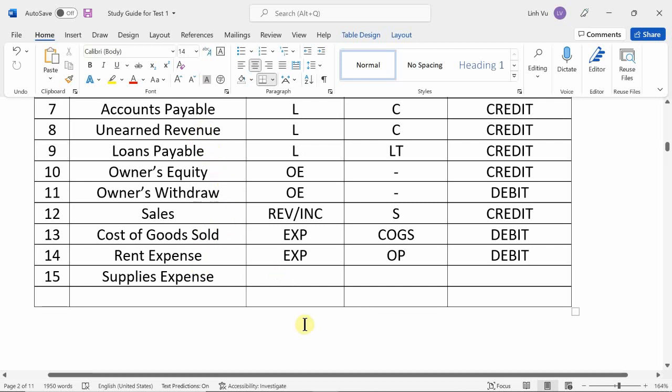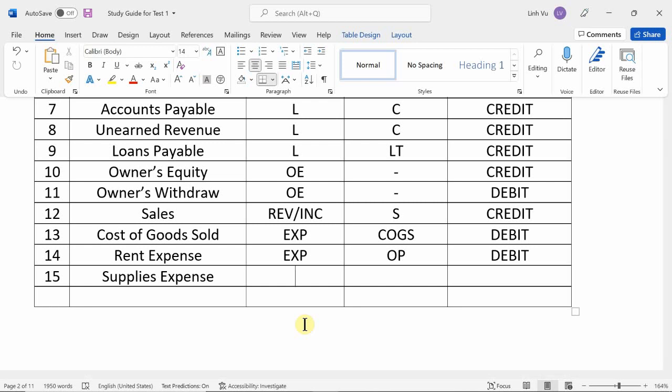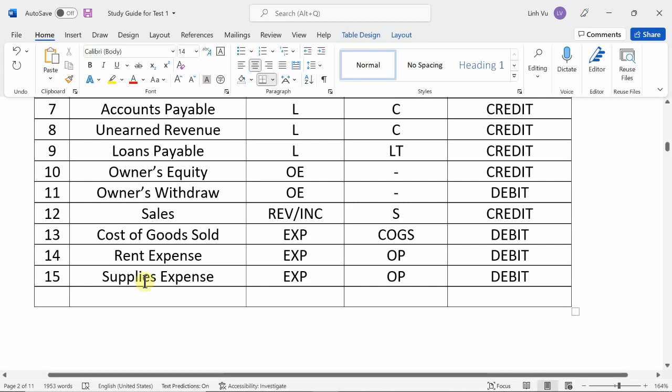Good. Last but not least, supplies expense. It's an expense. It's an operating expense. It's a debit. Okay. So in this case, supplies expense, you're using your supplies to operate your business. So that's why it's considered an operating expense here. Okay. Good.